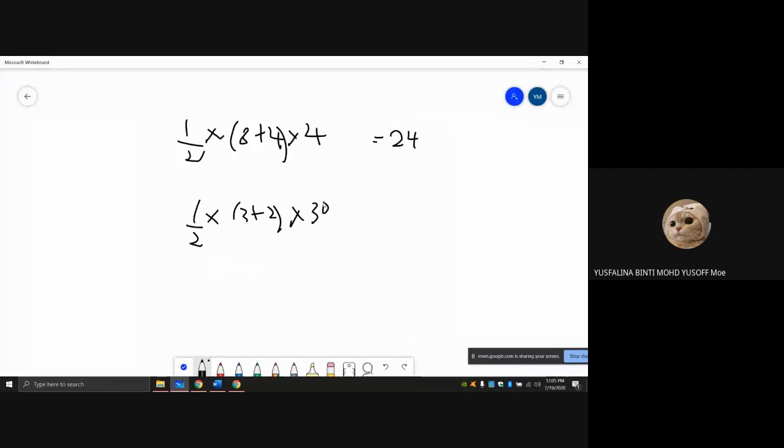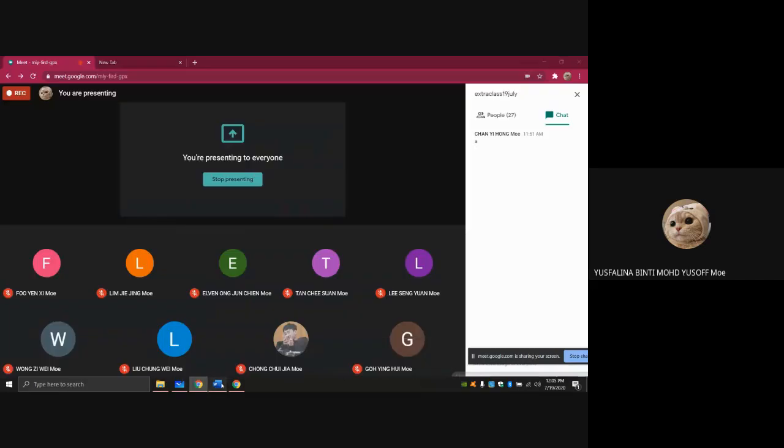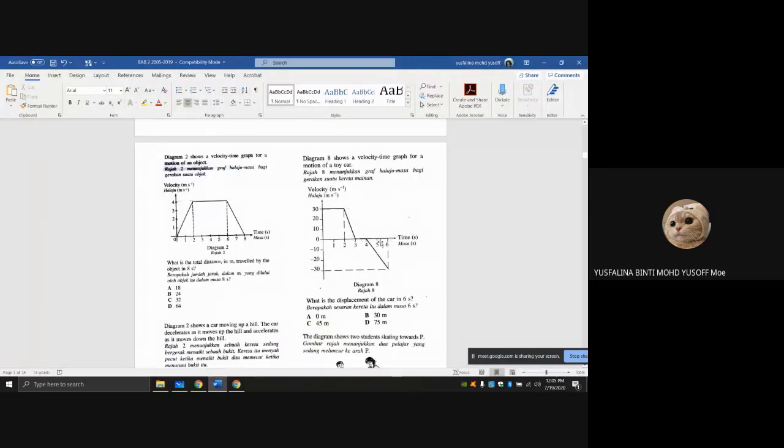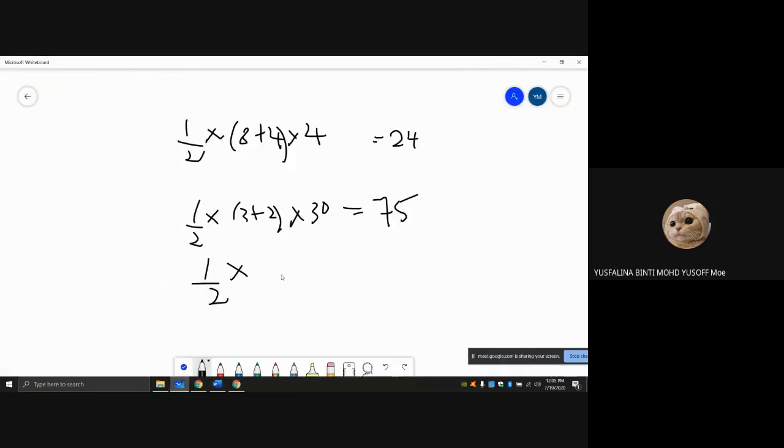So 15 multiplied by 5. This one is 75, for the trapezium. And then for the triangle, half, the base here is 6 minus 4, which is 2, and then the height is negative 30, I think.